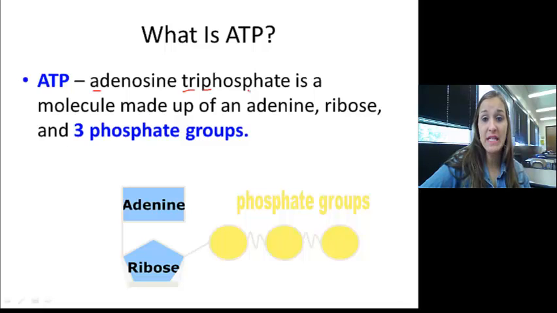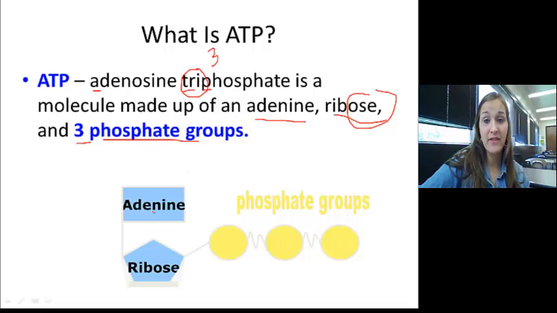This molecule of ATP is made up of an adenine, that's why it's called adenosine, ribose, which is a sugar since it ends in OSE, and it's made up of 3 phosphate groups. And remember, tri means 3, so 3 phosphates.